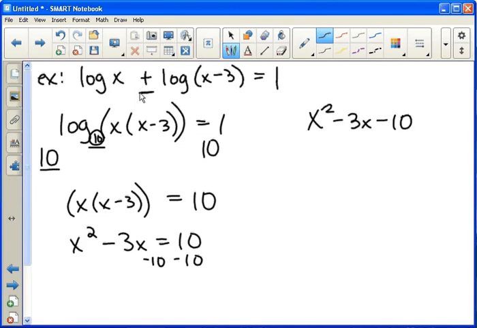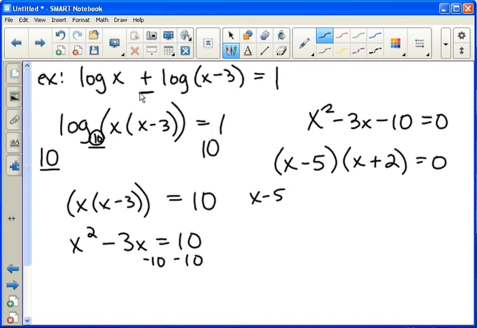Then our next step is going to be to factor. So we get x minus 5, x plus 2 equals 0. Set both of those equal to 0 and solve. This one will give us x equals positive 5. This one will give us x equals negative 2.